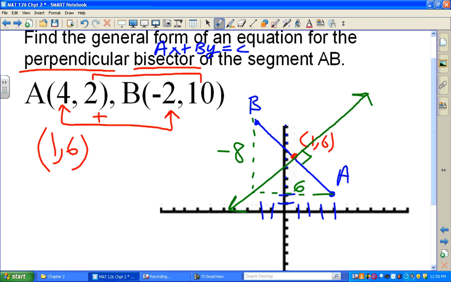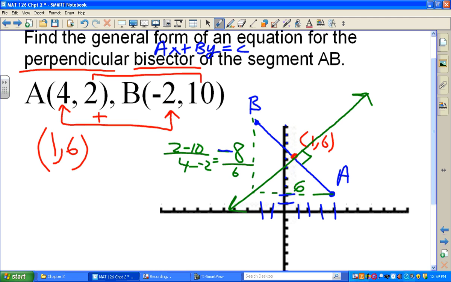So the slope of that line, I just took 10 minus, actually I did it the other way around. 2 minus 10 and 4 minus negative 2. So that'd be negative 4/3, right? And the slope of my line in green would then have to be what? Yeah, 3/4. I did that backwards.